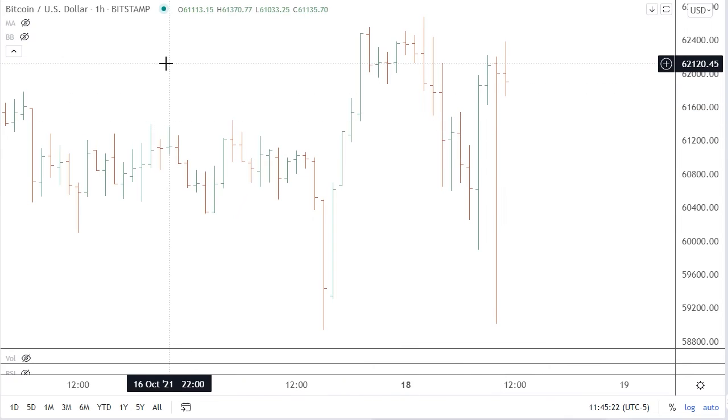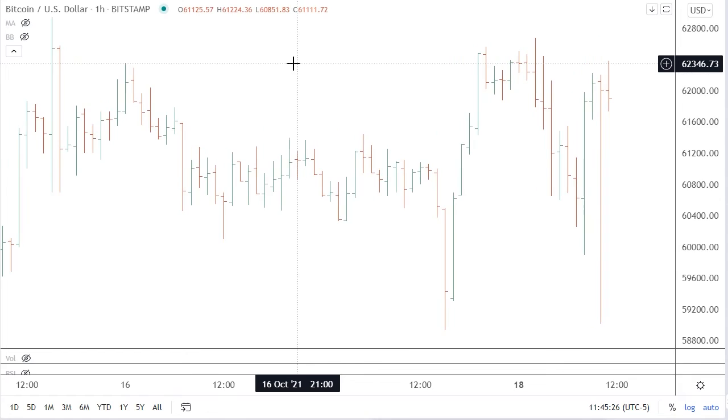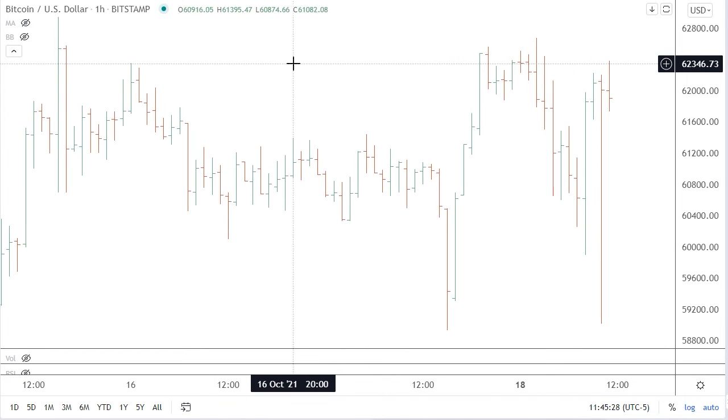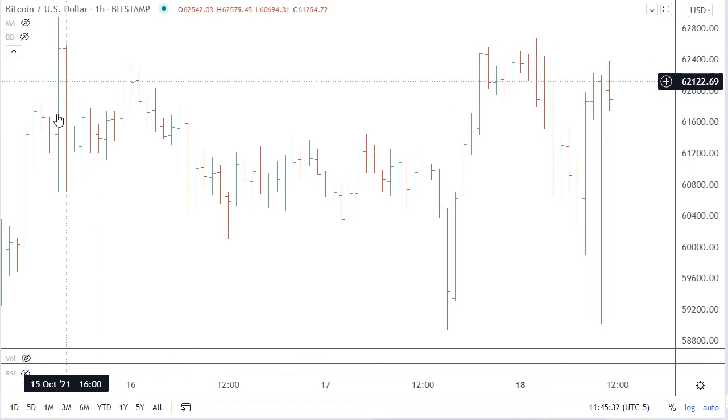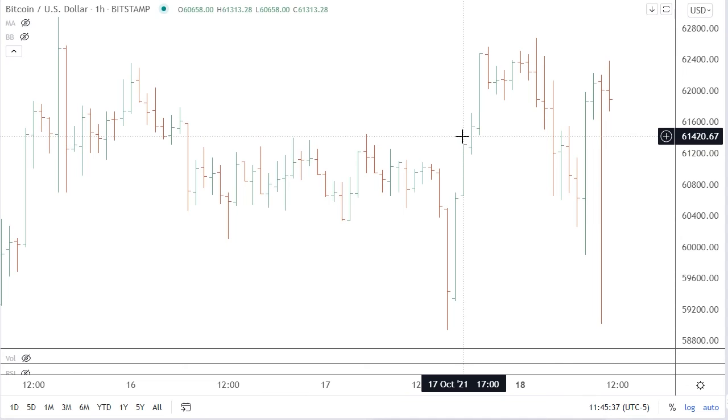That was improved upon when they came up with this bar chart. Okay, so the bar chart looks somewhat similar, except we've got a little more movement to the upside and the downside here. And within every bar, we've got 4 data points.